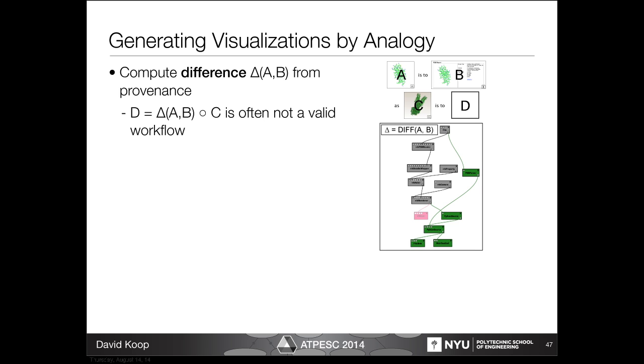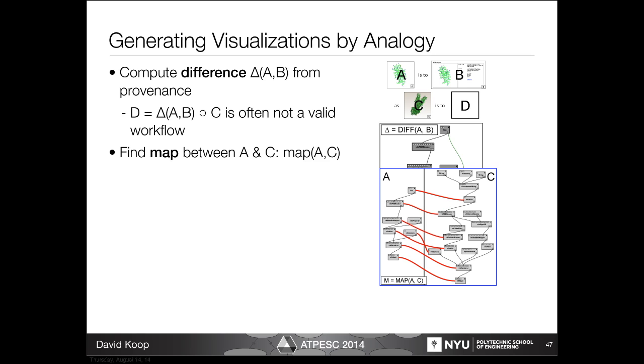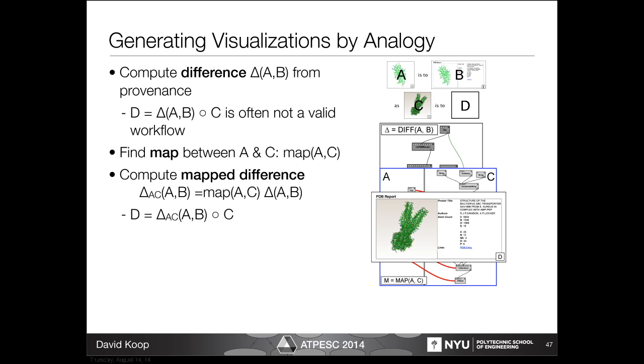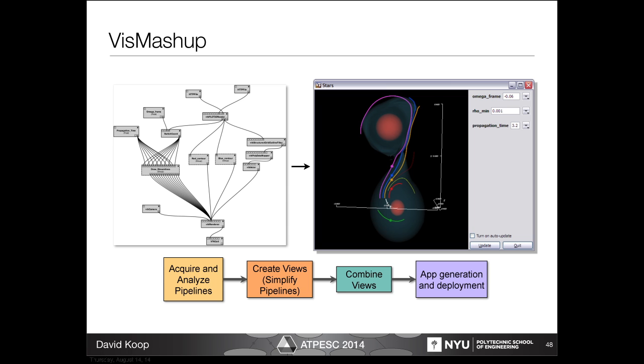But the problem is that the difference that you compute from A to B doesn't necessarily match up with what C looks like. And so you actually have to find a map between the starting workflows A and C that says, okay, well, a VTK actor and a VTK volume are close enough together, or a file and an HTTP file are close enough together. They're both files, right? And then you can use that map difference to actually run the analogy.